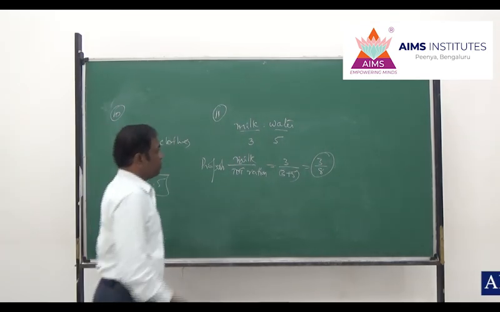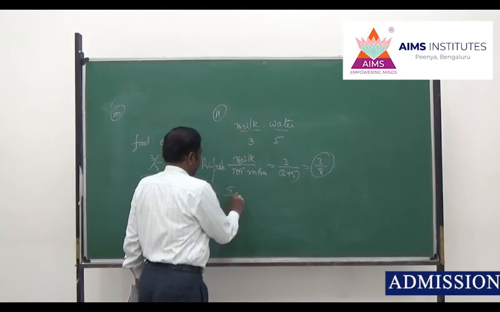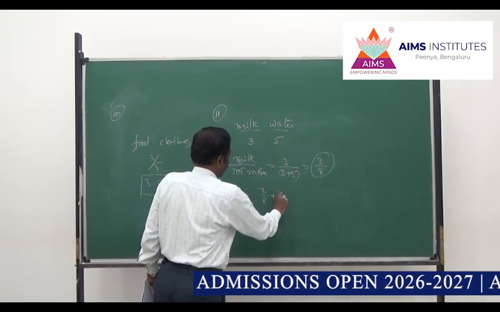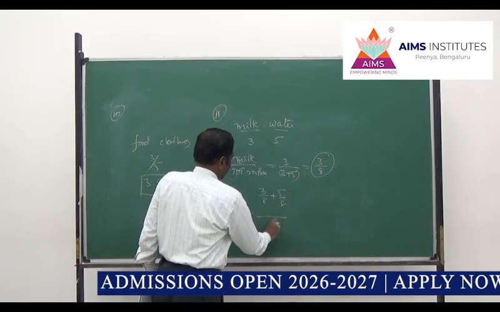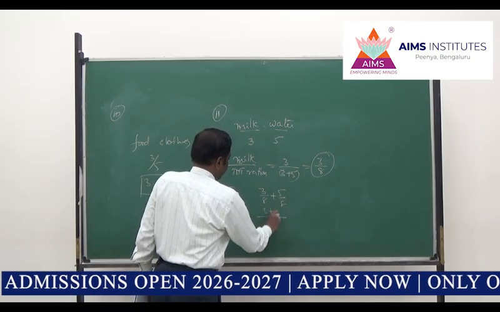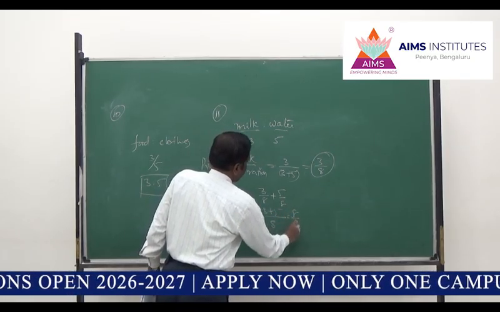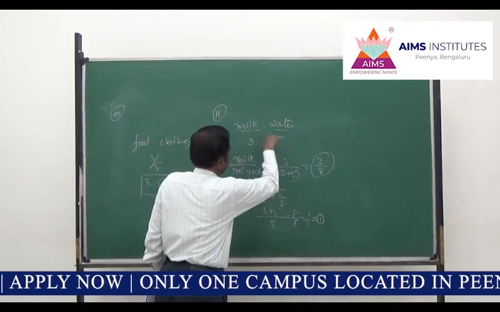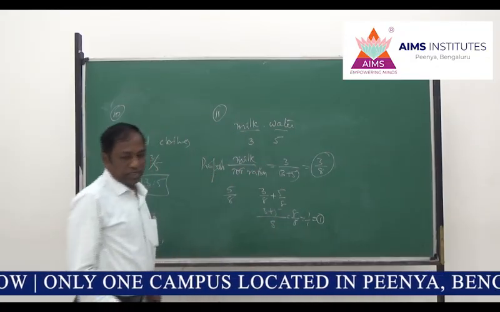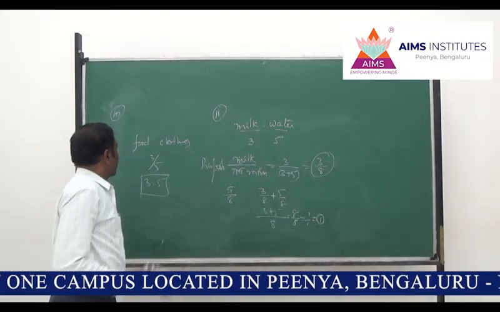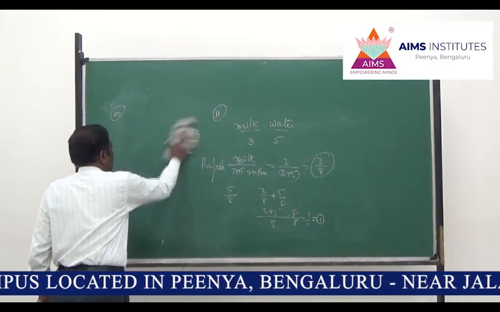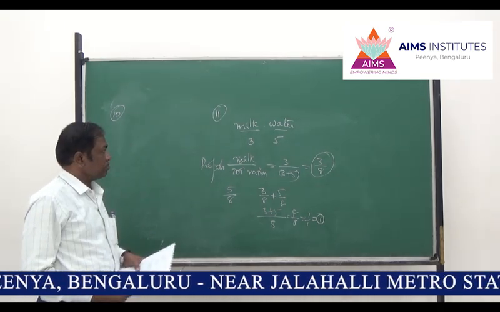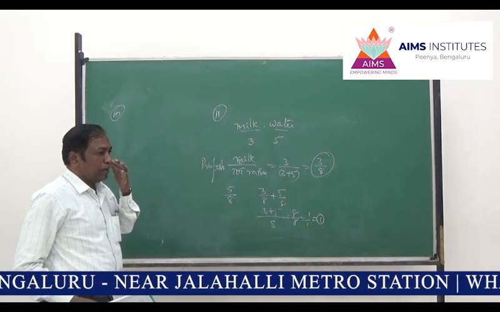And how much is water in the proportion? 5/8. If we add both, 3/8 plus 5/8, taking LCM 8, 3 plus 5 it means 8/8, which is 1 unit. That is called 1 unit. That's proving. Proportionally I'll take like that, right sir.